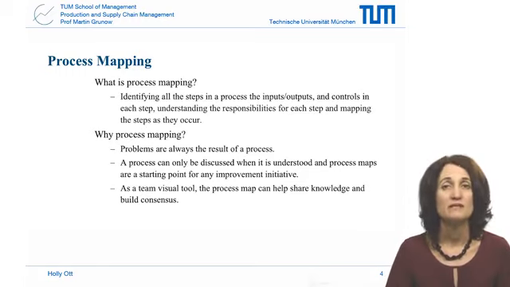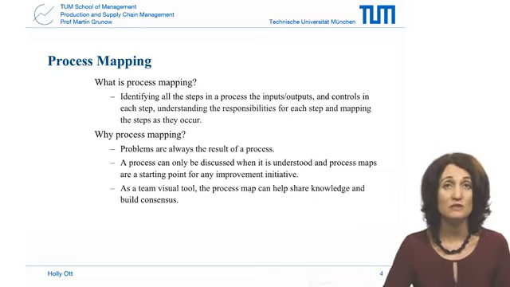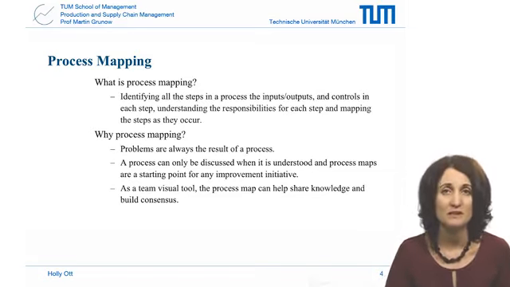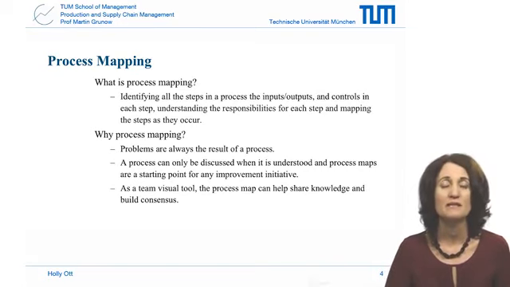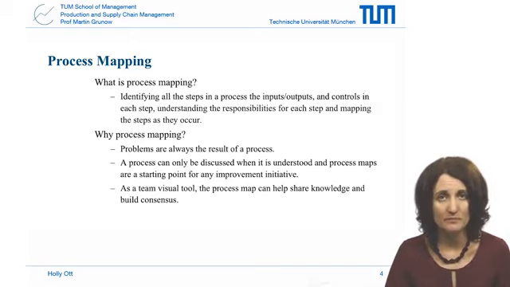Process mapping then can be defined as identifying all the steps in a process, the inputs and outputs, the controls in each step, the resources used in each step, the responsibilities for each step, and then mapping these steps as they occur.